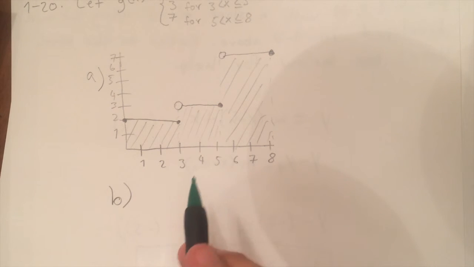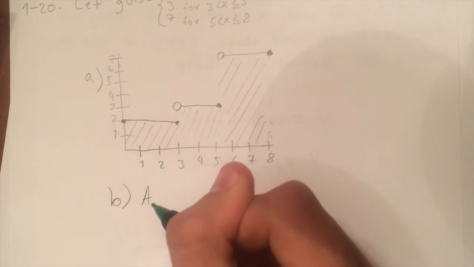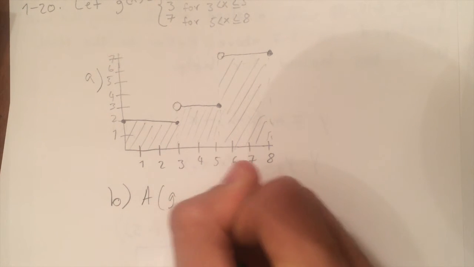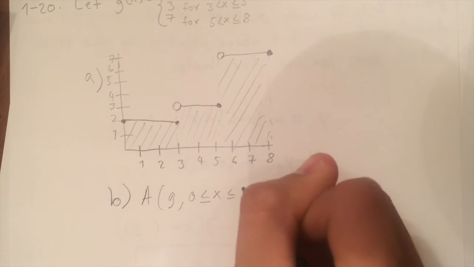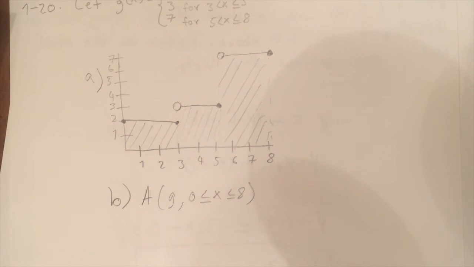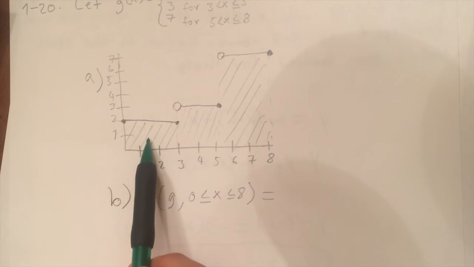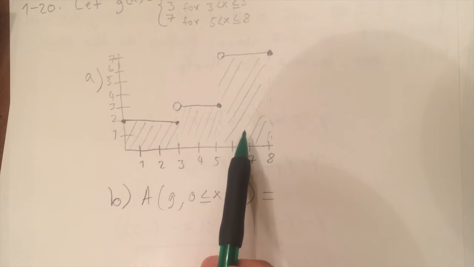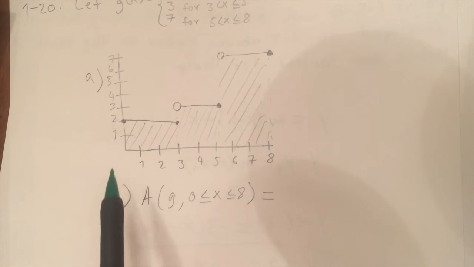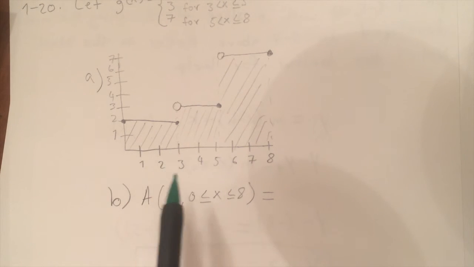So to find the area, the area from 0 to 8 of this function g, including 0, including 8, equals, as you can plainly see, the area of this rectangle plus the area of this rectangle plus the area of this rectangle. To find the area of each rectangle, simply take the base times the height.